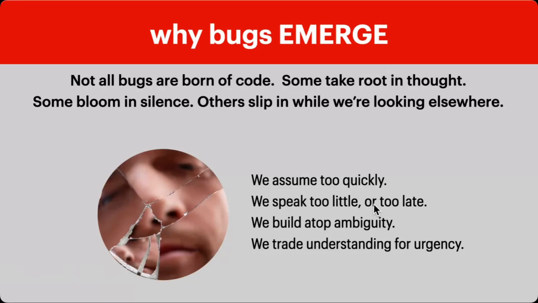When there is ambiguity, maybe we didn't clarify, so we continue on with a certain amount of ambiguity. And sometimes, because we are troubled for time, we trade understanding for urgency. These could be some of the key reasons why bugs happen in the construction phase, which manifest in the code, but really take root in the thinking.